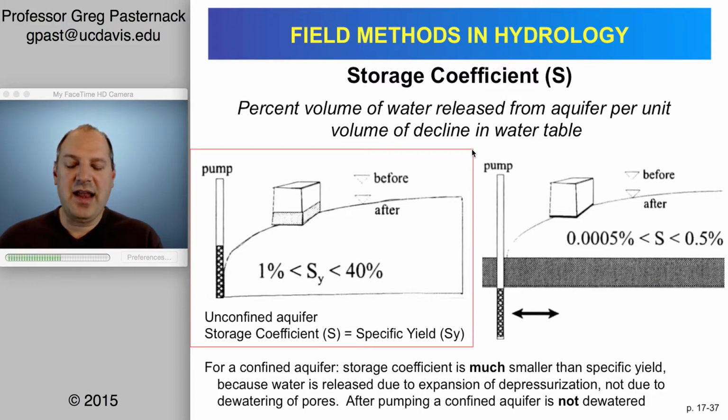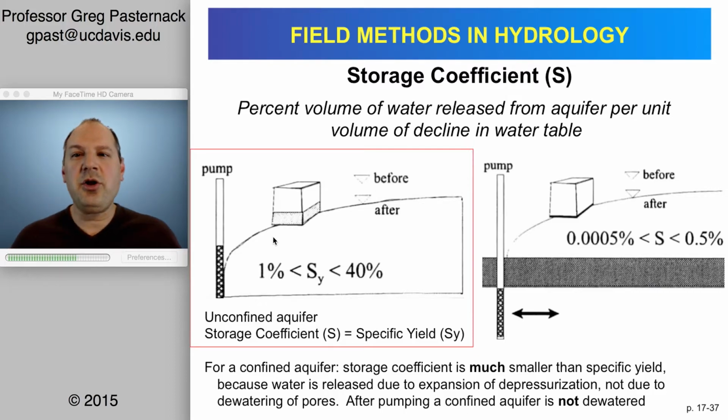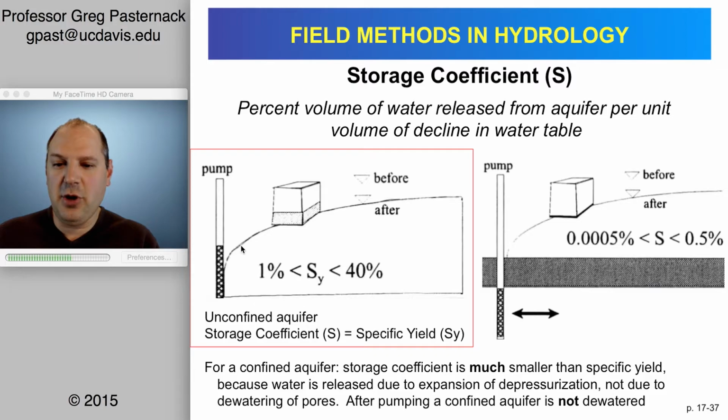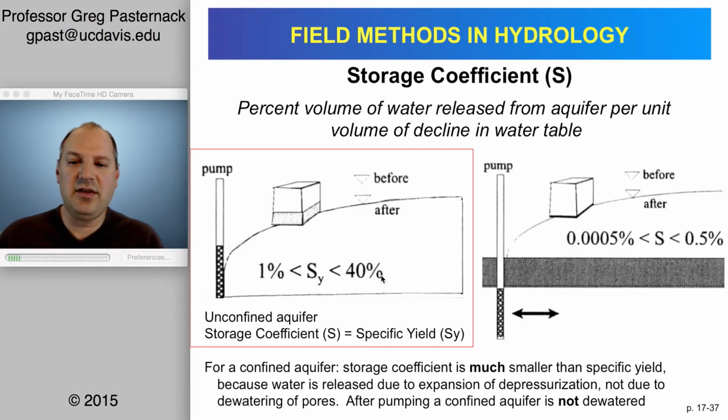In an unconfined aquifer, you're creating a water surface slope. The water is literally flowing down a water surface slope just like a river. So here you can see a water surface slope that's there, and therefore you can actually draw out a lot of water. And so the specific yield of water that comes out is anywhere from 1 to 40% of the water.